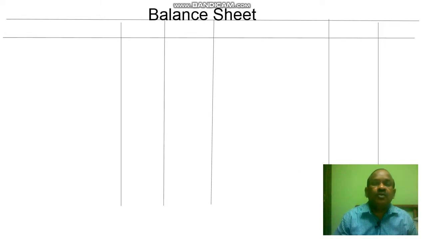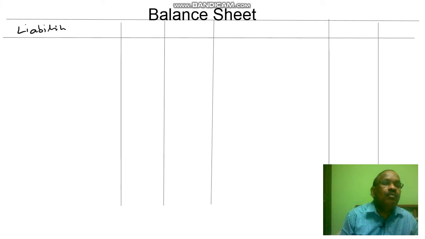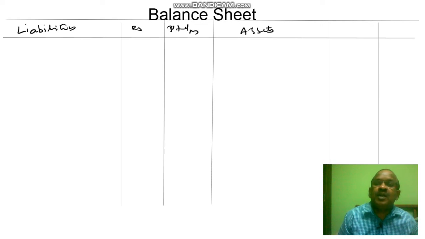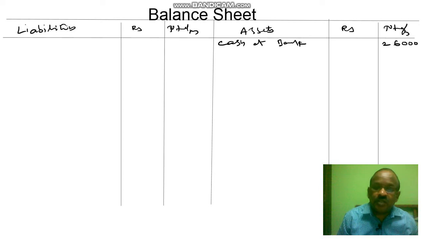Next we are going to prepare the balance sheet, that is liabilities, rupees, total, rupees, assets, rupees, total, rupees. So first of all, cash at bank. Here the cash at bank is 26,000.